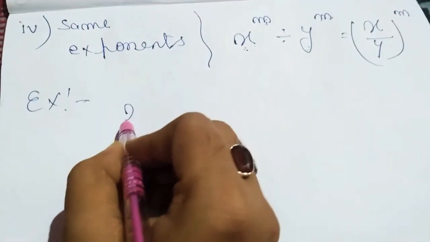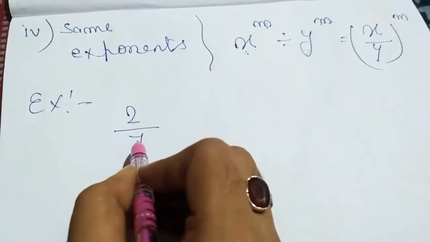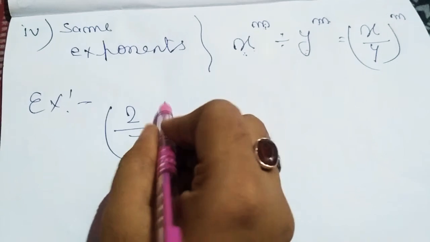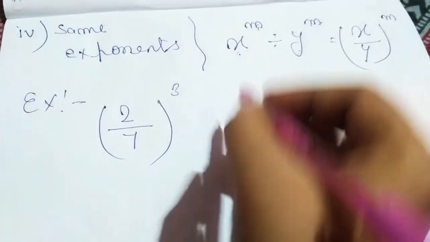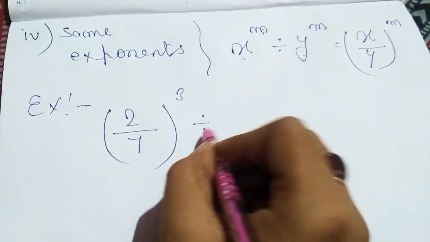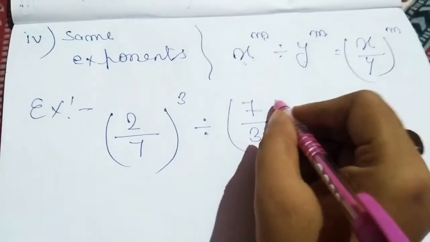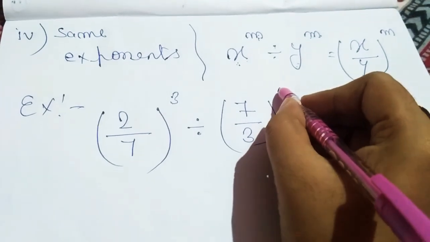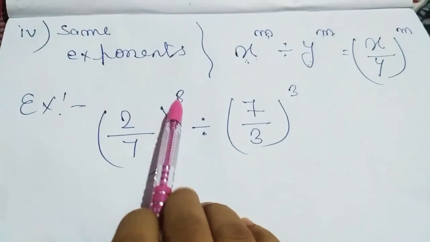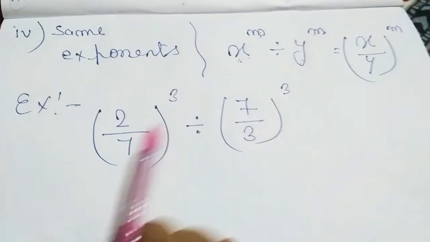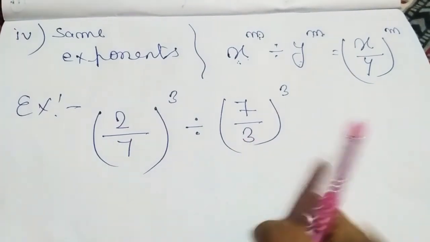Suppose that 2/7 to the power 3 divide 7/3 to the power 3. You can see exponents are same but bases are different.